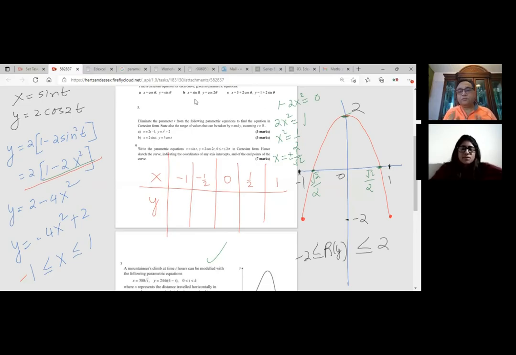So, Amy, one more important thing I have learned just by telling you this method: if you are running short of time, because in test papers you are always short of time, then since you have already worked out the domain and range, you know your graph has to go from minus 2 to plus 2, and the domain has to be from minus 1 to 1.